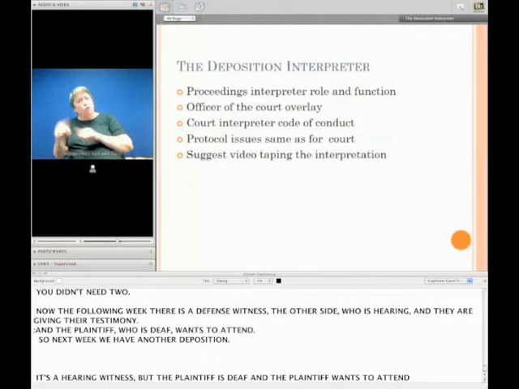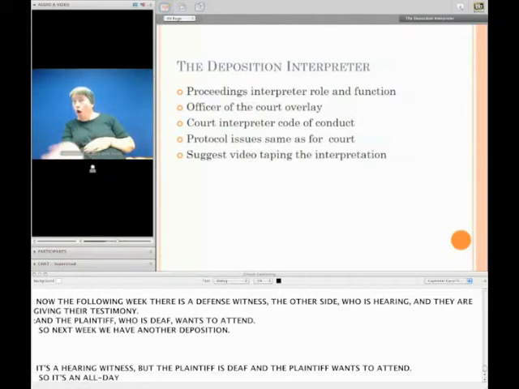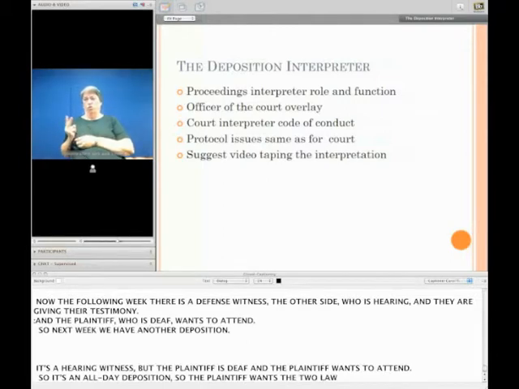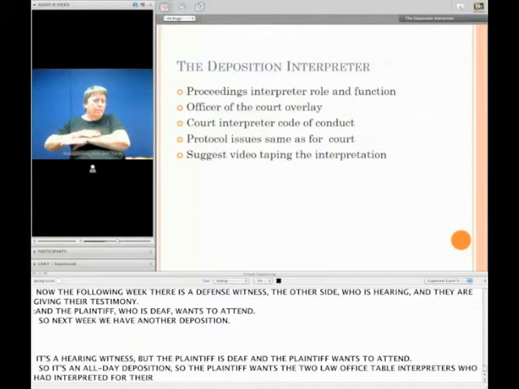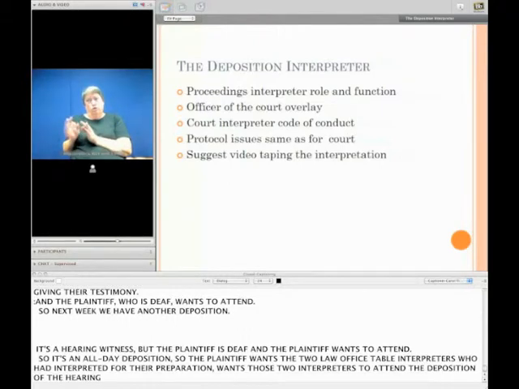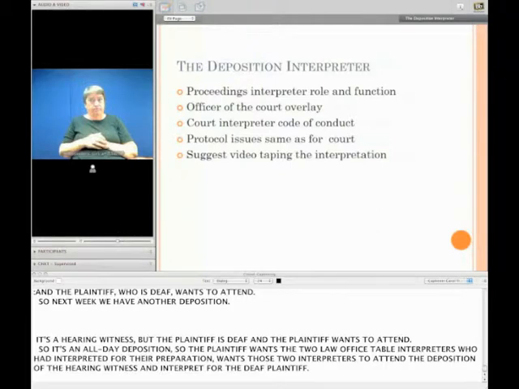It's an all-day deposition, so the plaintiff wants the 2 law office interpreters, table interpreters, who had interpreted for their preparation, to attend the deposition of the hearing witness and interpret for the deaf plaintiff. What are your thoughts?